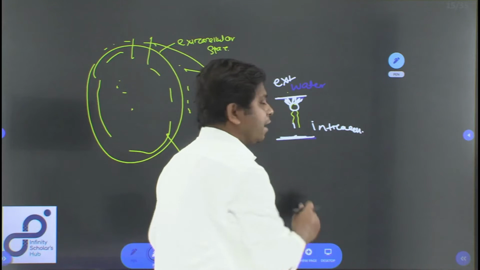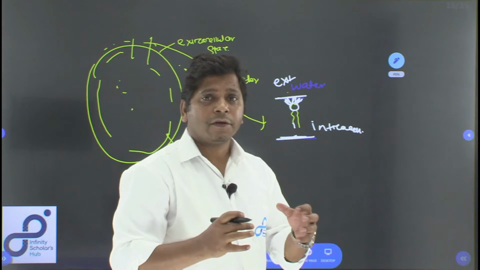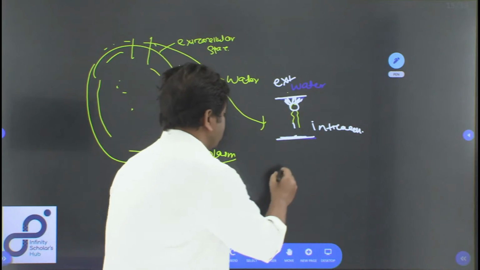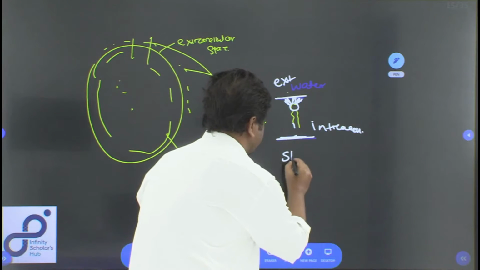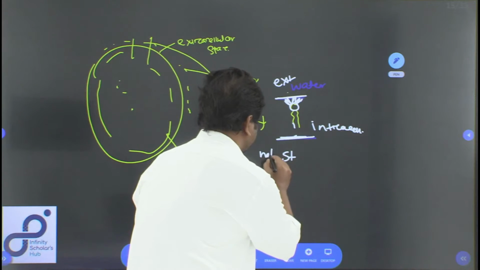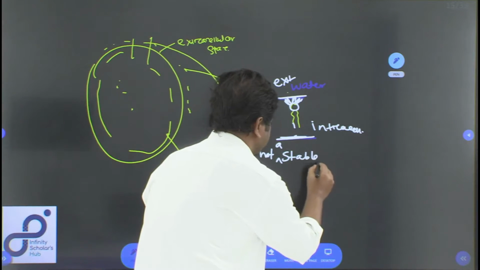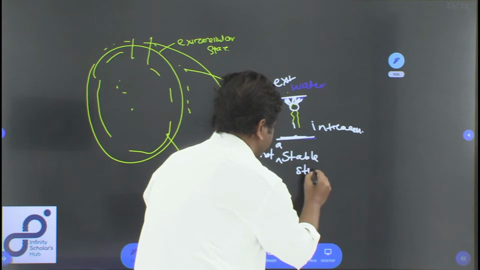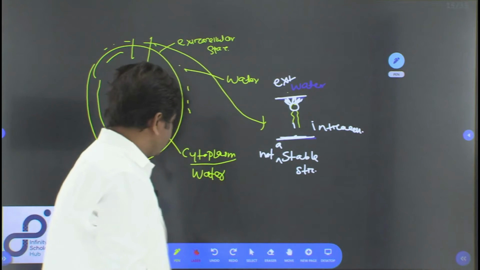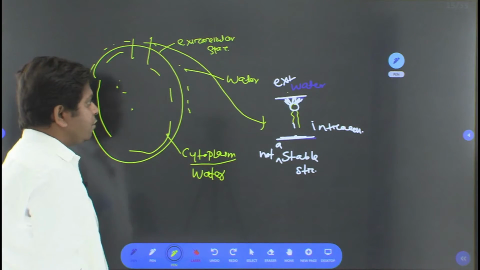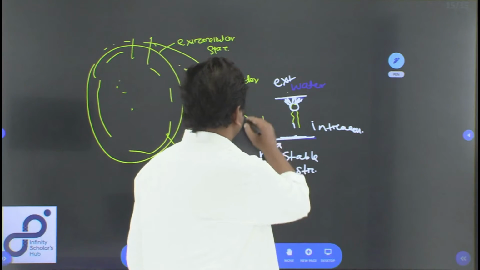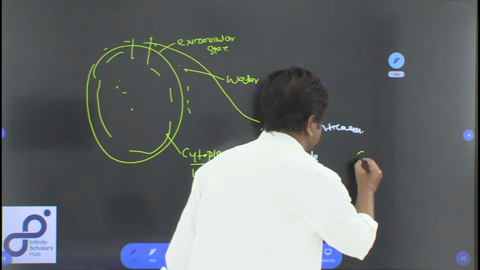So they will repel each other. So this structure will not be a stable structure. So that is the reason the arrangement which exists here is something like this.